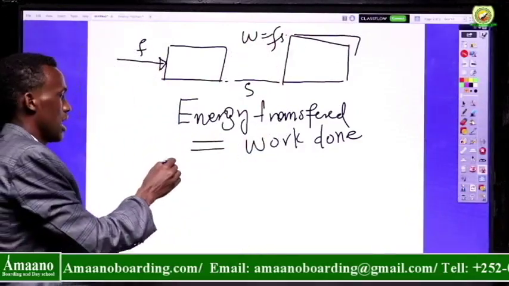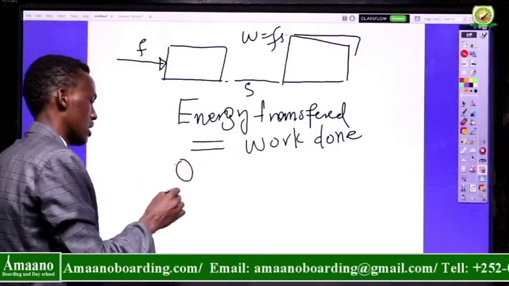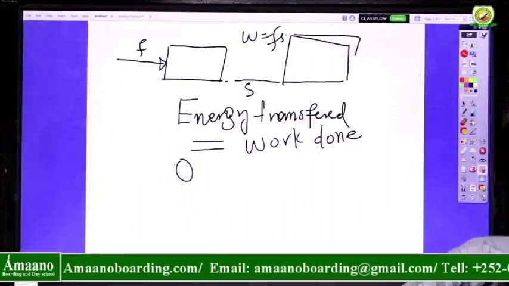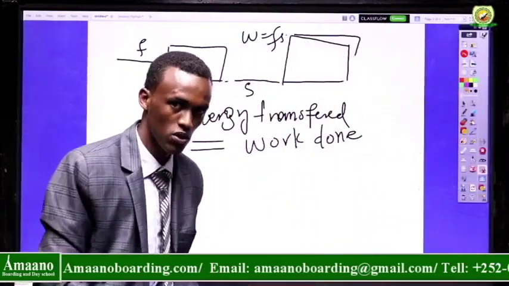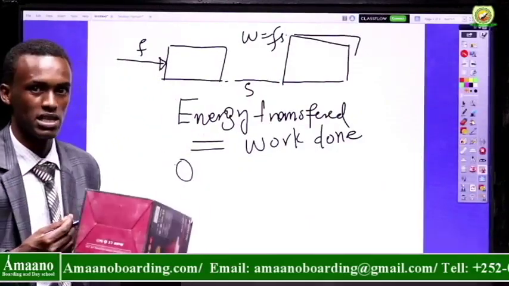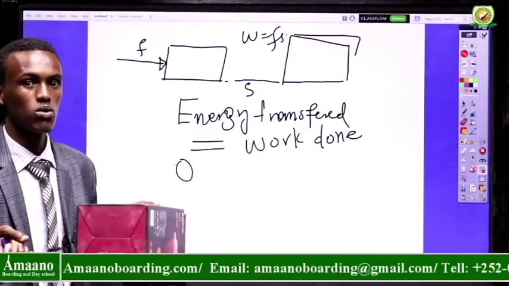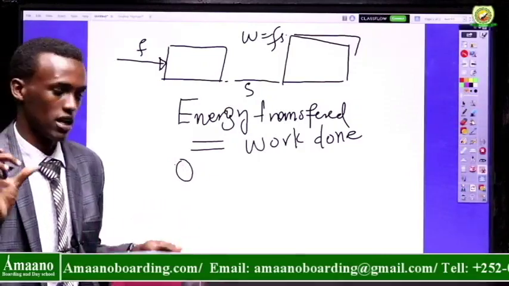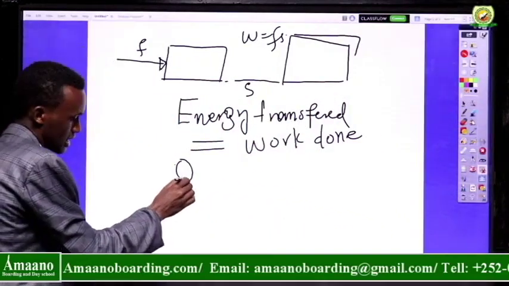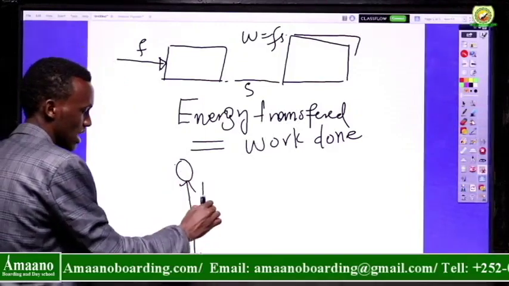Or if you use work done by the gravity, if we take this body from the ground, you transfer energy to it. So the amount of energy transferred to it is equal to the amount of work done. Therefore, this box is above the ground at a height of h.